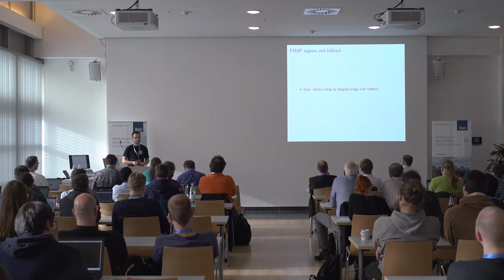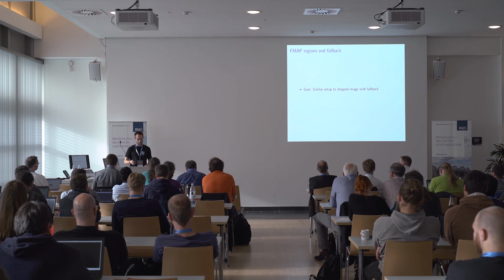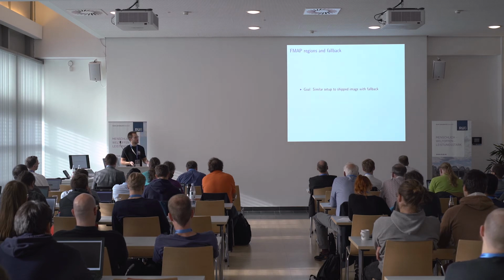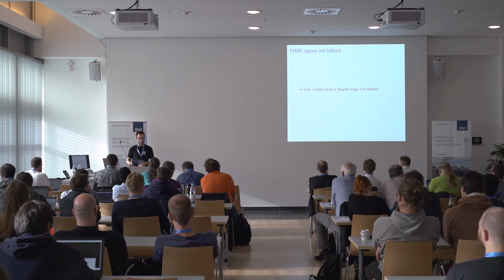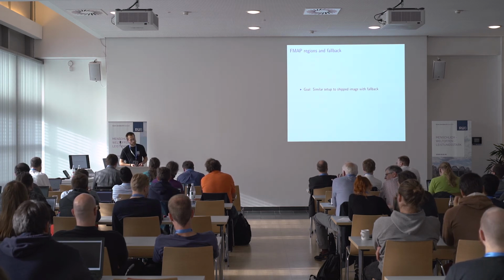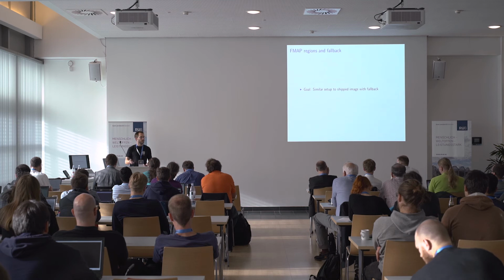The FMAP regions and the fallback: as said, for x86 there are already people who ship images which come with several regions where you can choose which image you want to boot. My goal is to copy that setup and get a similar setup to also have a fallback.